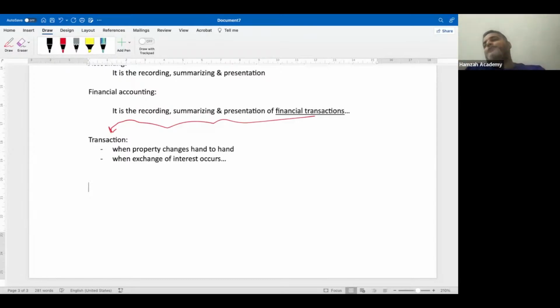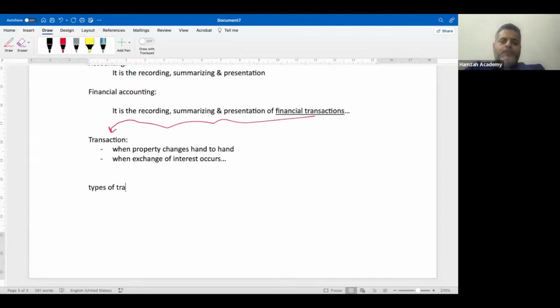Or ideally speaking, I'm here to teach you guys. So this arrangement, where you are sitting there and I am sitting here, is that via this very same class, you are studying and I'm teaching. That is what the exchange of interest is, right?